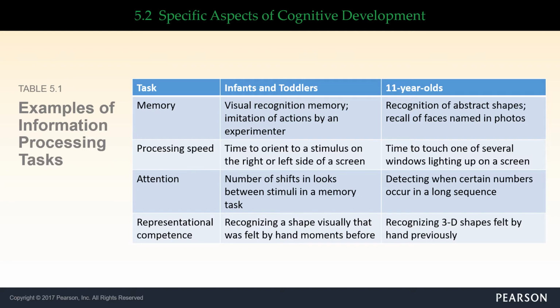And then also representational competence, recognizing a shape visually that was felt by hand movements before. And so that's an accomplishment at the infant-toddler level, whereas for 11-year-olds, recognizing a three-dimensional shape felt by their hand previously. So those are some examples of information processing tasks by age.